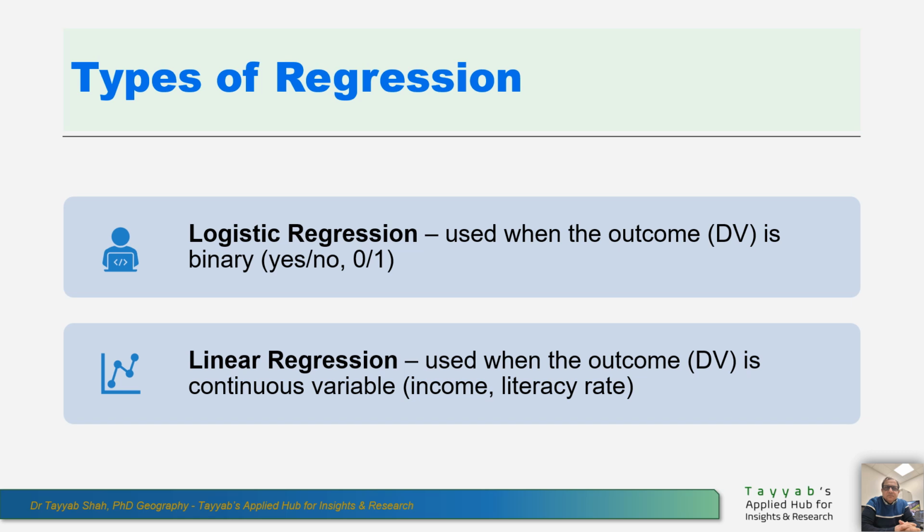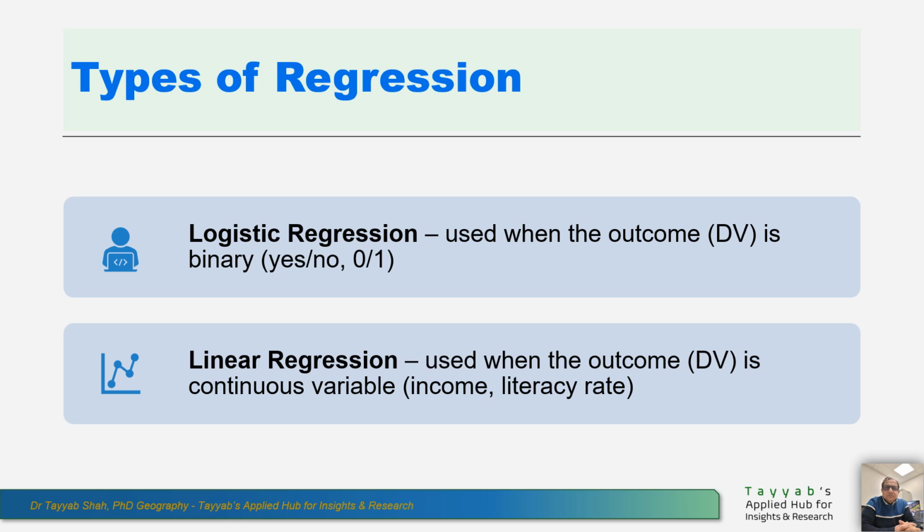One we call logistic, based on the outcome or dependent variable. If the nature of the dependent variable is binary, in other words, yes or no, or 0 and 1, then most probably we choose logistic regression to understand and quantify the impact of independent variables on the dependent variable. But there is another very popular one, the linear regression.